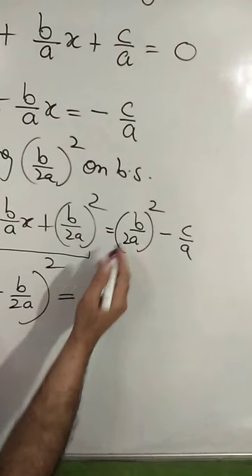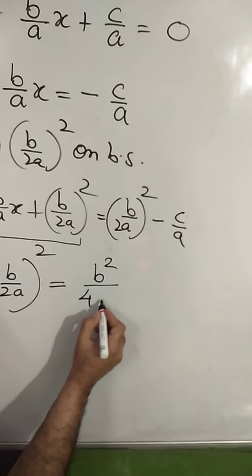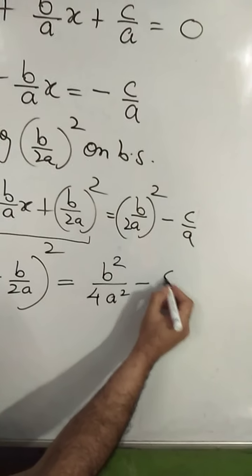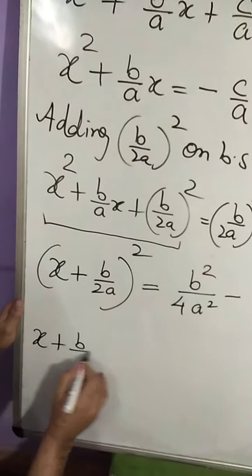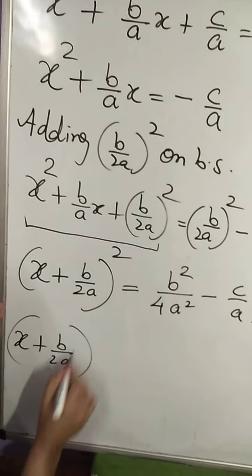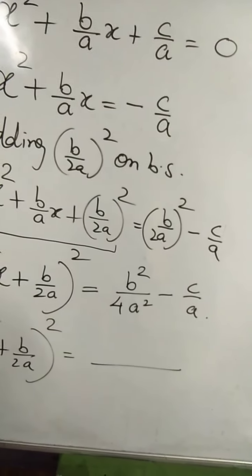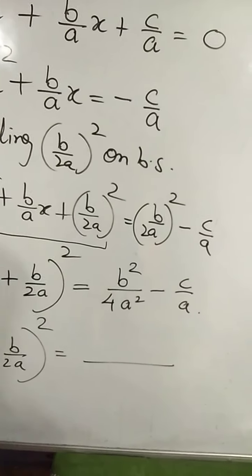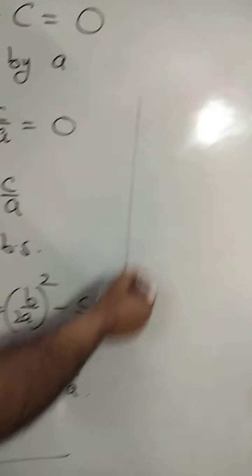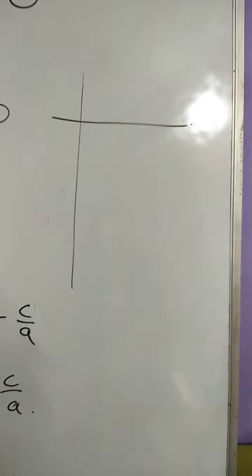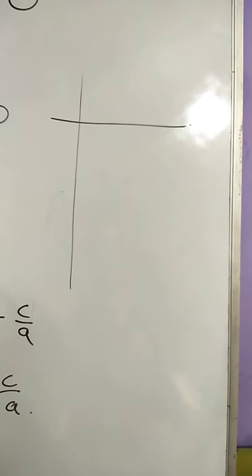Let's simplify the right hand side. B square over 4a square minus c over a. What we will do now? We'll take the LCM in the right hand side. 4a square and a. If you have any confusion regarding taking the LCM in these cases, then simply follow the rule which you are doing in the lower classes.